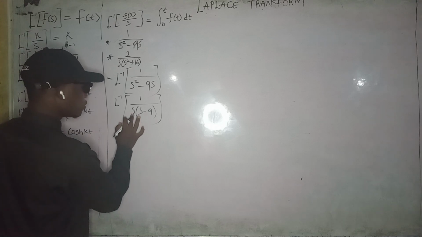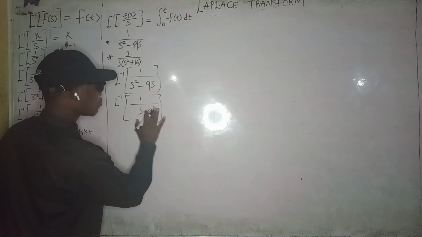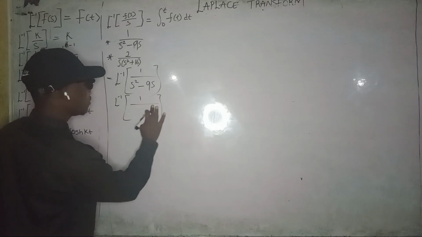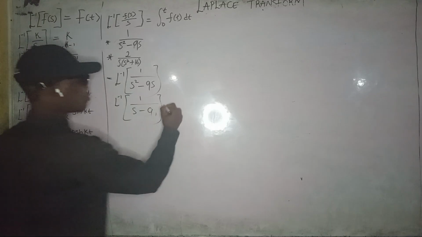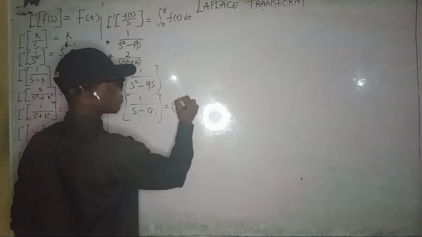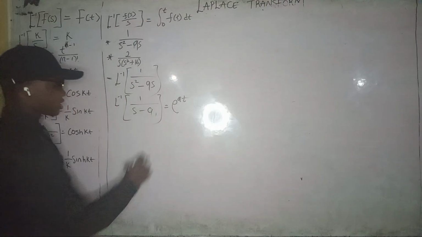We are going to ignore the s over here, and we're going to be having this as the inverse Laplace transform of 1 over s minus 9, which is going to be equal to e raised to power 9t as our answer.